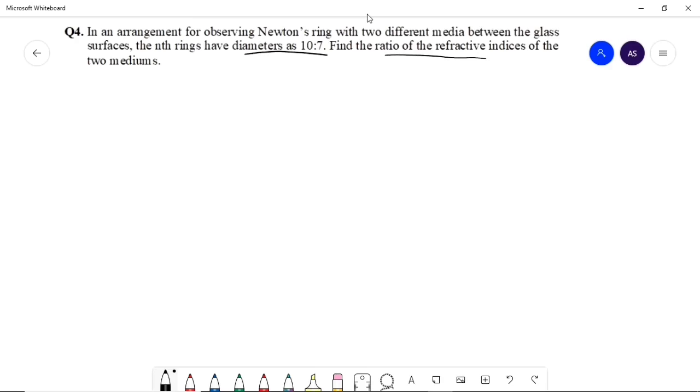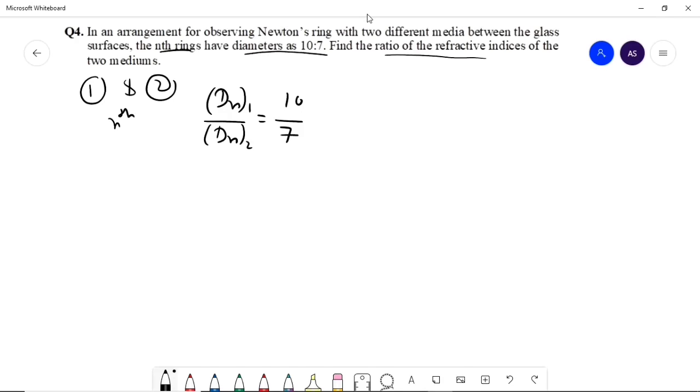Here we have two media, medium 1 and medium 2, and the nth ring diameter ratio Dn1 to Dn2 is 10:7.